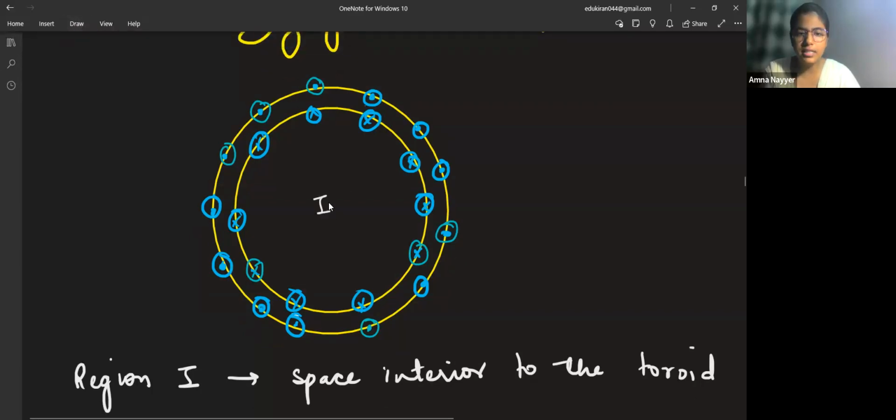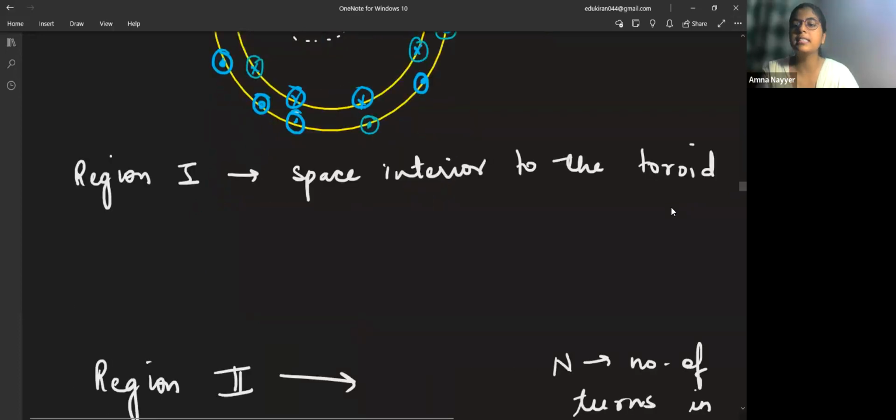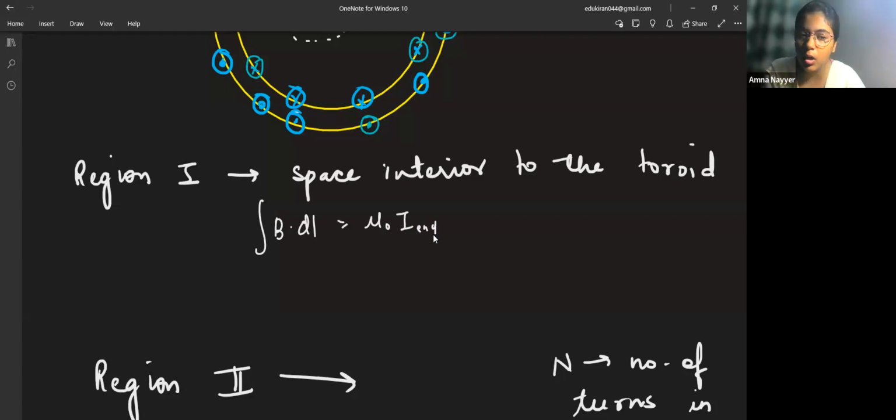Let's say this is region 1. That is inside. So this is my Amperian loop. Remember, Amperian loop we studied. Let's say the radius of the Amperian loop is R1, right? So R1 is the space interior to the toroid. When I integrate, B dot dl, I'll apply Ampere circuital law. B dot dl is equal to mu naught I enclosed. This is my Ampere circuital law. See, B into 2 pi R1 is equal to mu naught I enclosed.